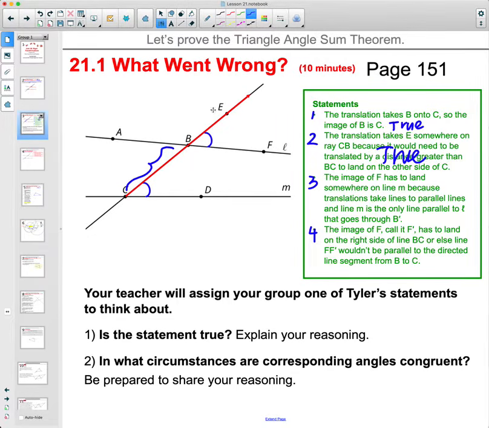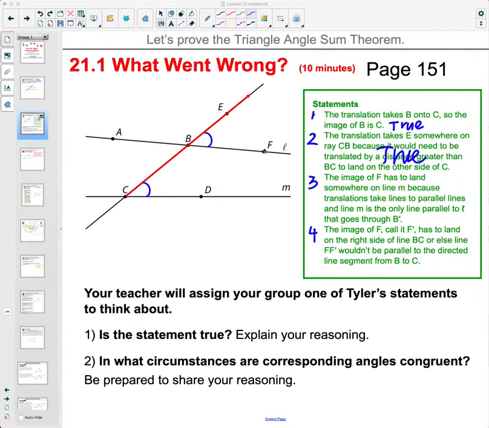Number 3, the image of F. Okay, so the image of F has to land somewhere on line M because translations take lines to parallel lines, and line M is the only line parallel to L that goes through B prime.